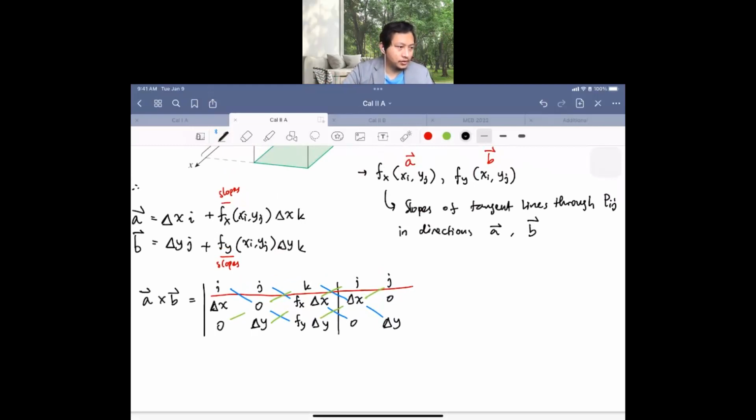A cross B will be delta x delta y k minus delta y partial x delta x i plus delta x partial y delta y j.